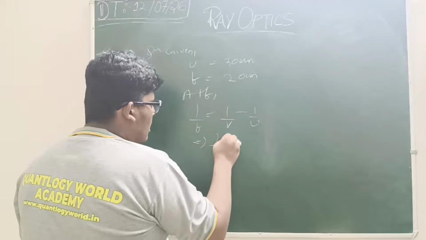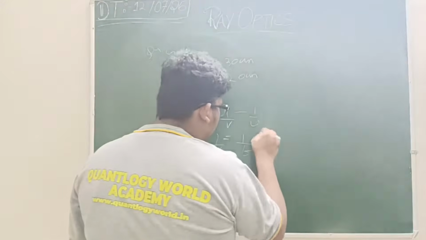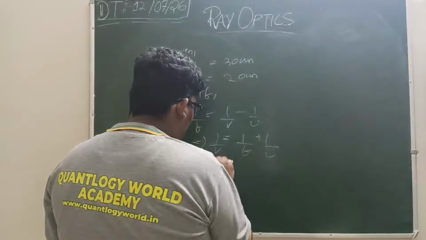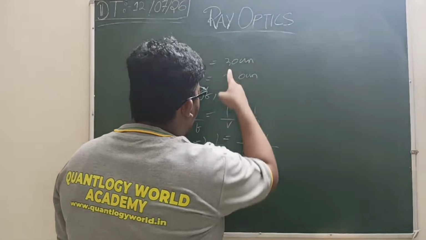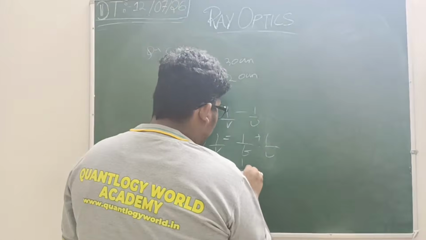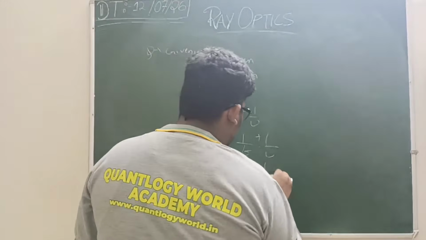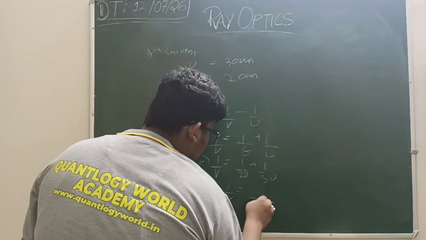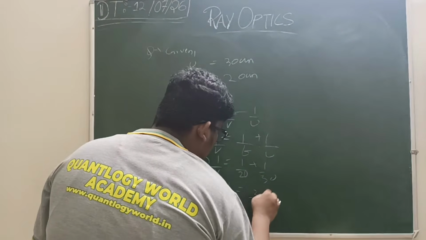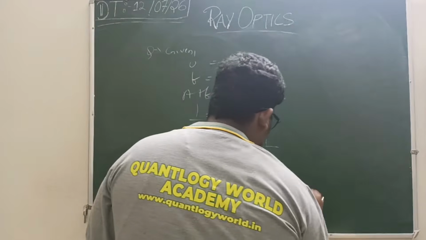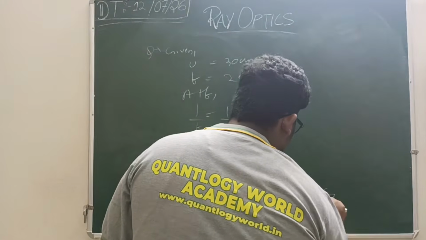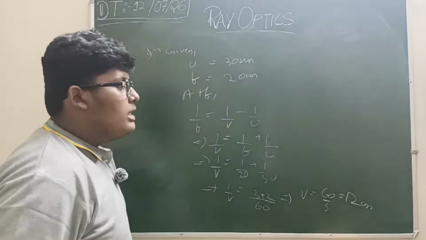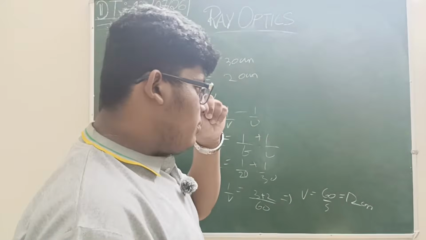Then 1 by v equal to 1 by f plus 1 by u. 1 by v equal to 1 by 20 plus 1 by 30. LCM is 60, 3 plus 2, implies that v equal to 60 by 5 equal to 12. So the image distance is 12 centimeter.